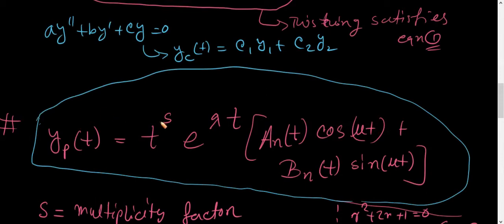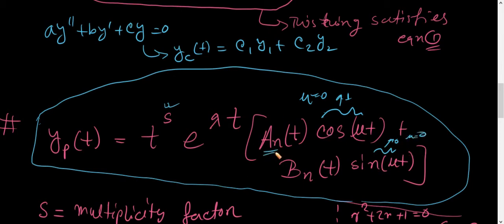So you put s equals 2 over here, lambda equals 2 over here, and if you put mu equals 0, this cosine mu is just 1, and this sine part goes to 0 because sine 0 is just 0.